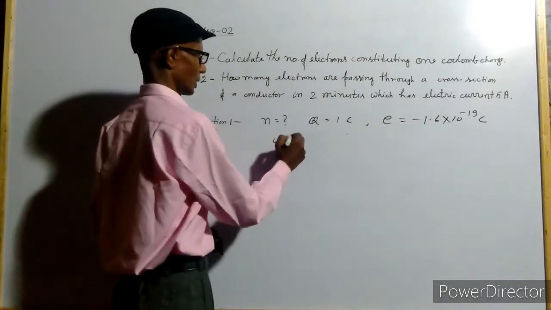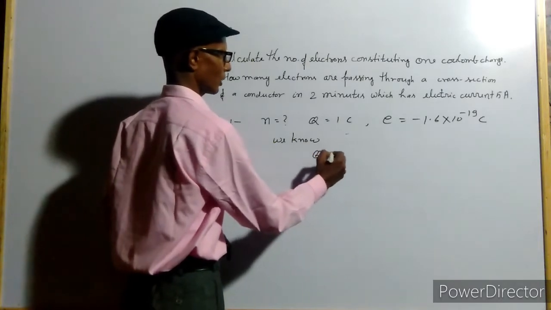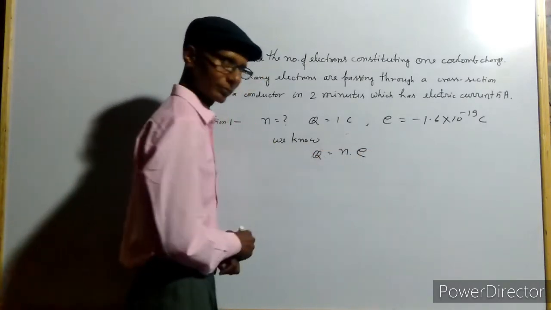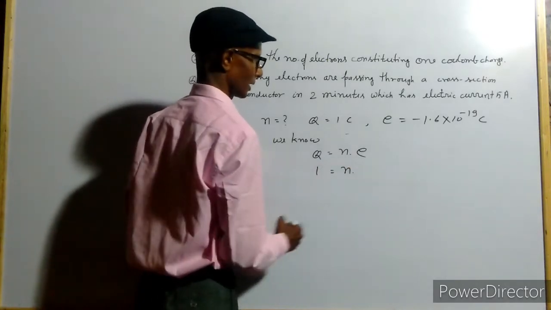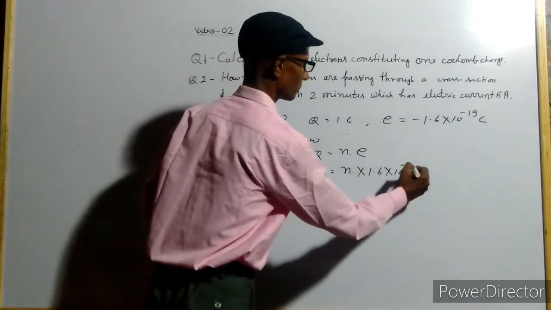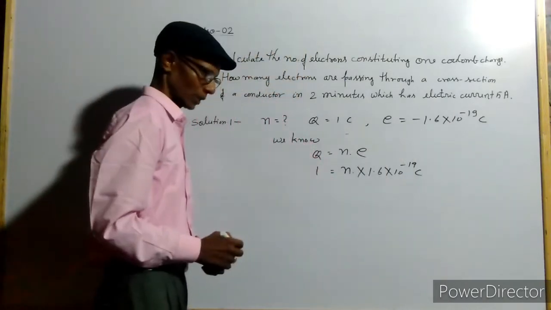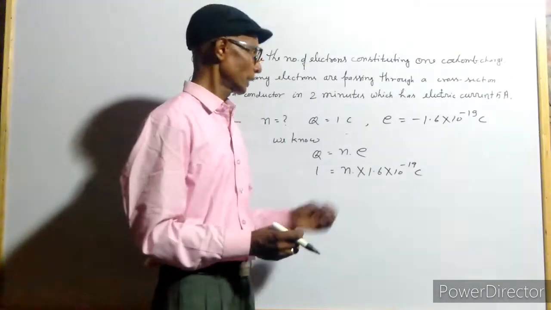Now, we know Q equals n e. Q is 1 and value of e is 1.6 into 10 to the power minus 19 coulomb. Here we have only numerical value without negative sign.